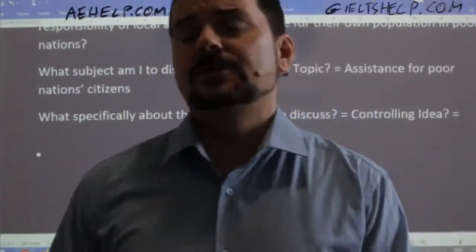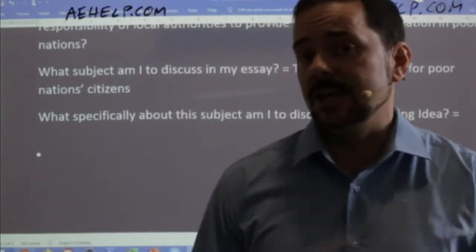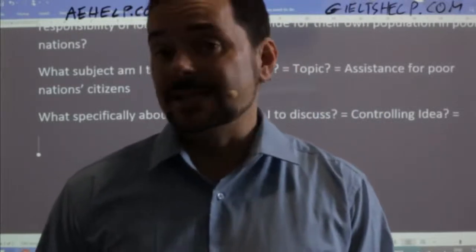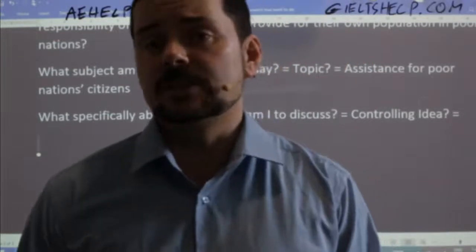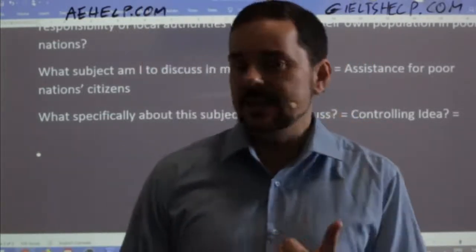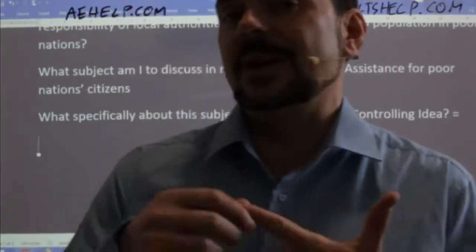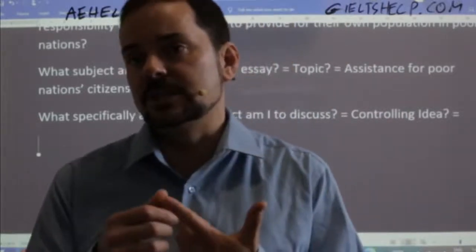I think that the two main reasons why many students with a high-level English are getting low band scores on the writing section, it seems to be the most common section that high-level students get a low band score on, is because A, they're not clearly responding to the question, and B, their essay is not well structured according to a college or university level essay.